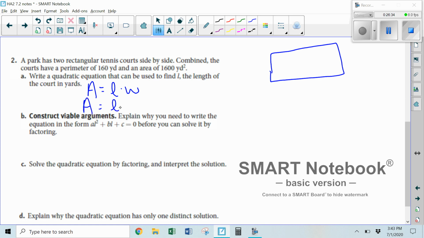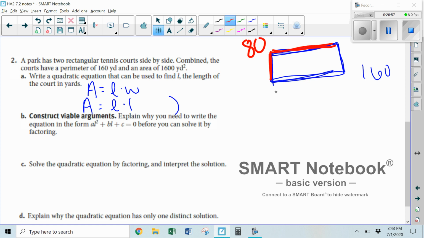So area is length times something. So let's take a look here. If my perimeter, if this plus this plus this plus this is 160, what would a length and a width be? Those together would be 80, right?